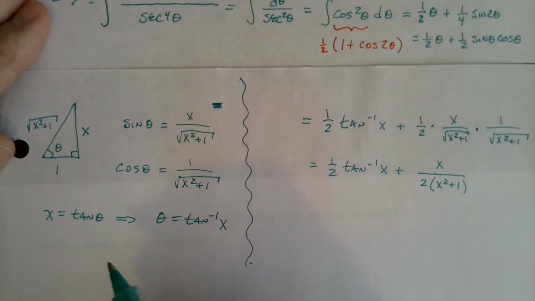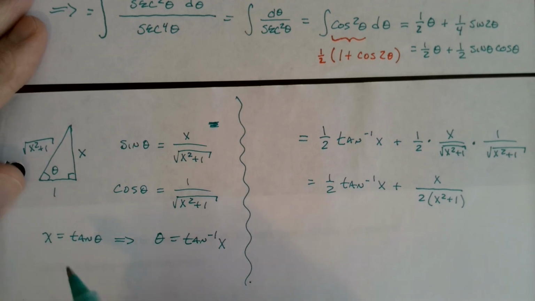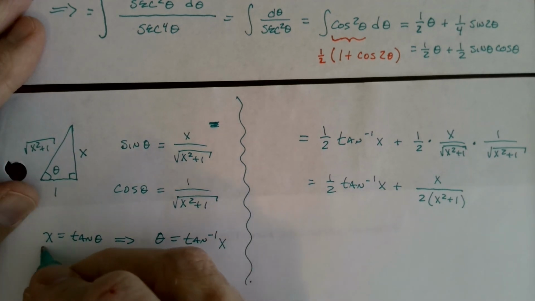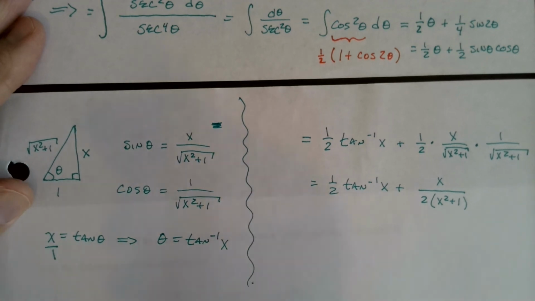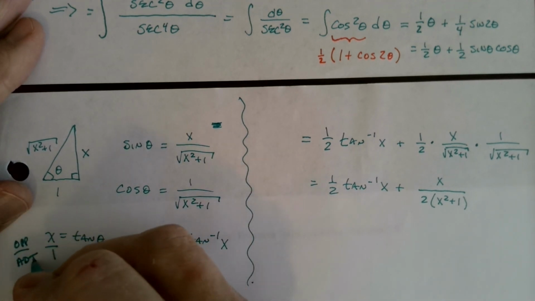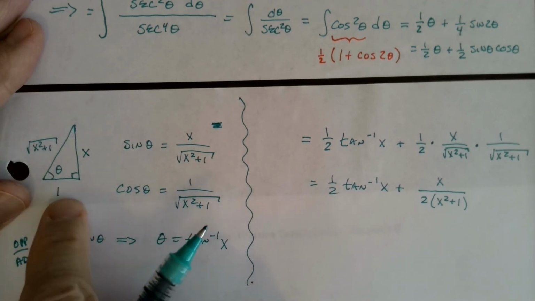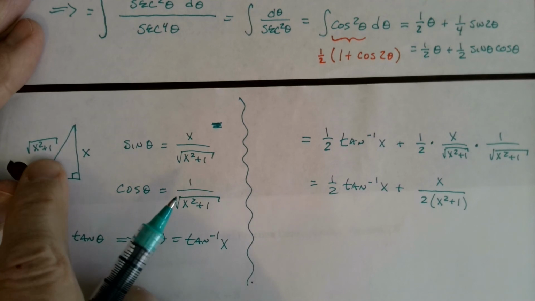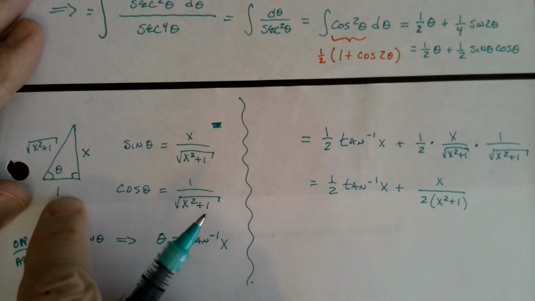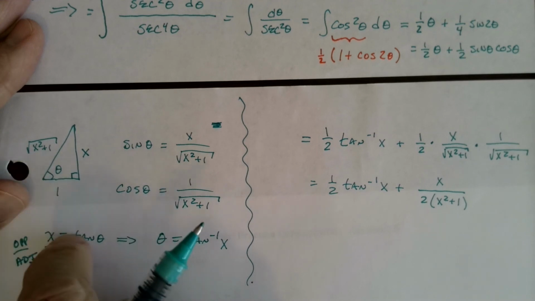You remember, I know that x is tangent theta, so tangent theta is x over 1. Remember, tangent is opposite over adjacent. So the opposite side is x, adjacent side is 1. And that leaves what? Square root of x squared plus 1. That's the hypotenuse by the Pythagorean identity.